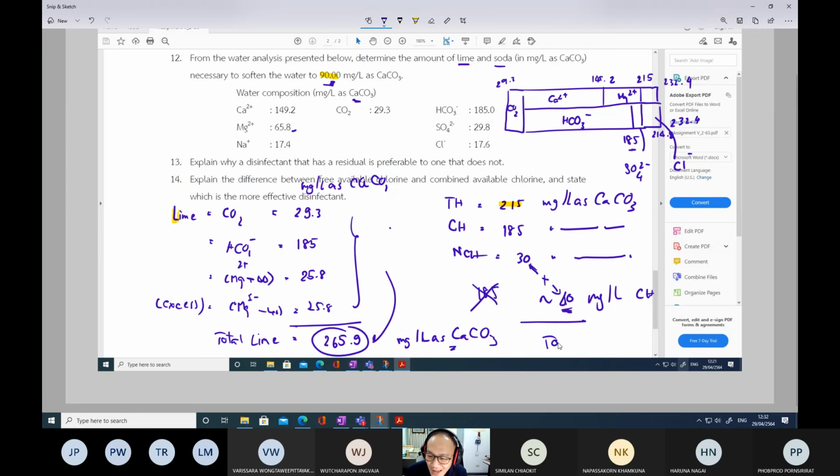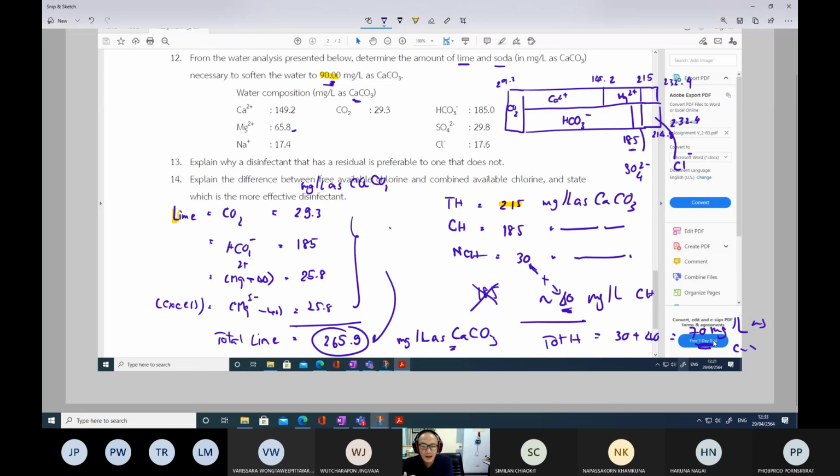So the total hardness left in this water is equal to 30 plus 40, equal to 70 milligrams per liter as calcium carbonate. Without doing anything with the non-carbonate hardness, with only the addition of lime, we can remove a certain amount of the carbonate hardness.